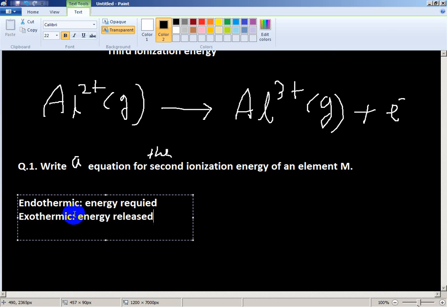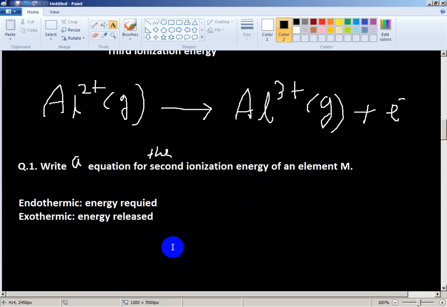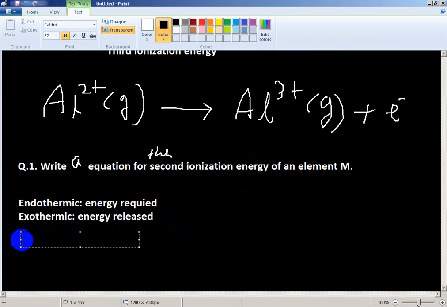Okay, so why is ionization energy endothermic? Can you say why ionization energy is endothermic?